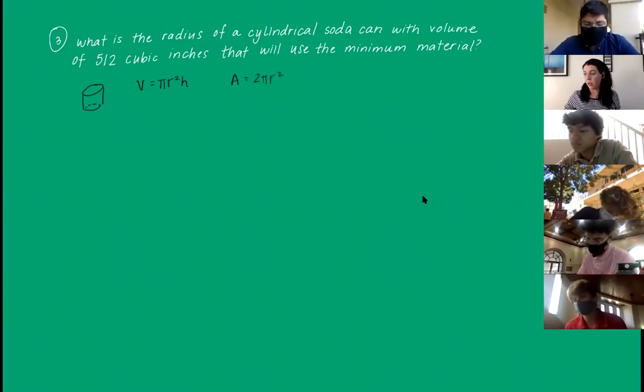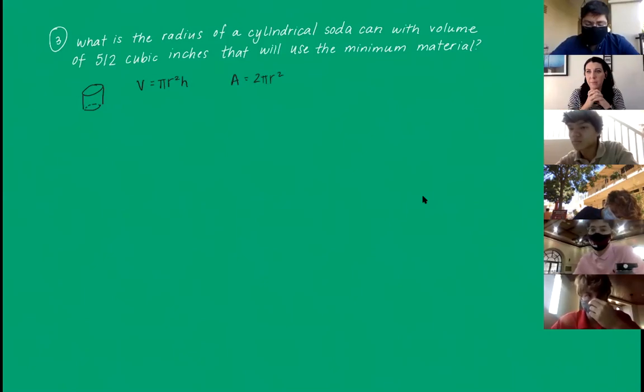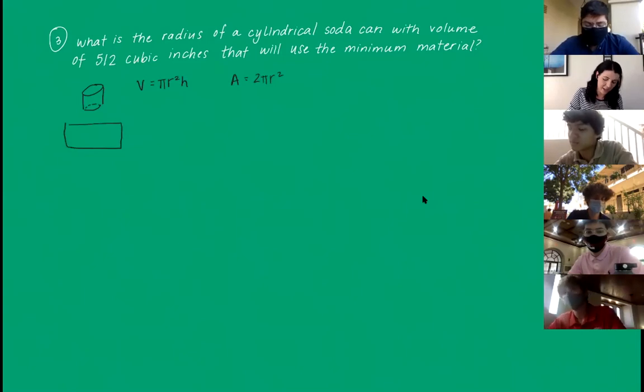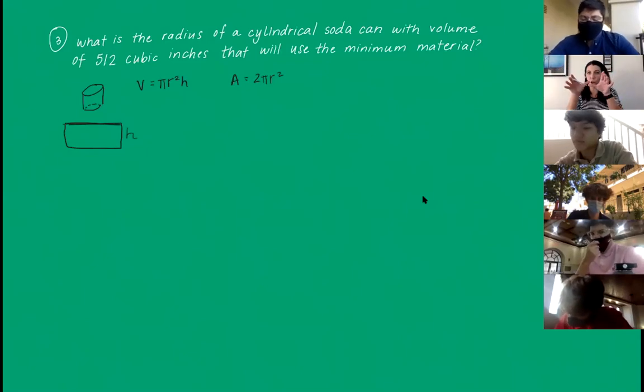And then I have the outside. Oh, I have a can right here. Okay, so I have the outside of this, right? Now, if I were to chop this up, if I were to cut this and unfold it, what shape would that be? Rectangle. It would be a rectangle, right? If I slice this can right here, and then I cut off the top and the bottom and I unfolded it, I would have a rectangle, right? Now this side of the rectangle would be h, but this side is the side that was curved.